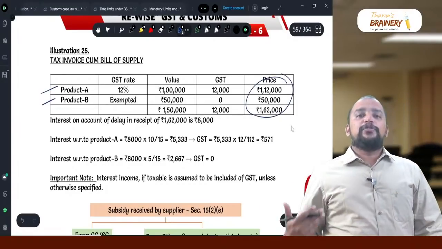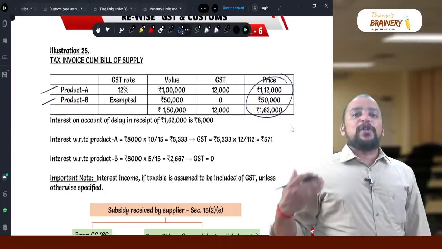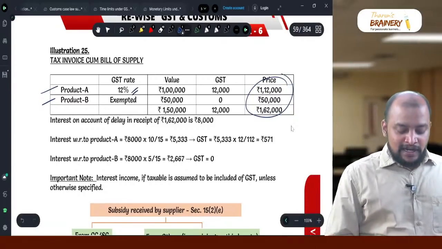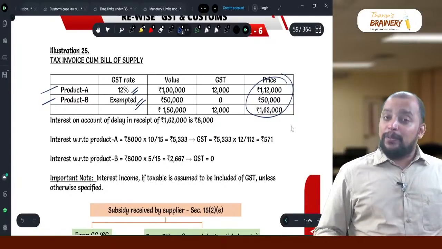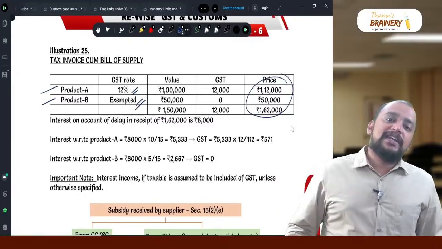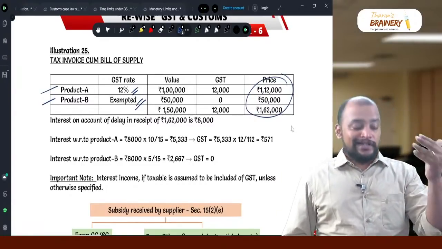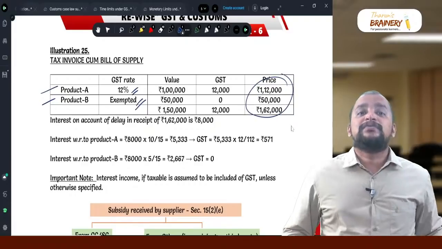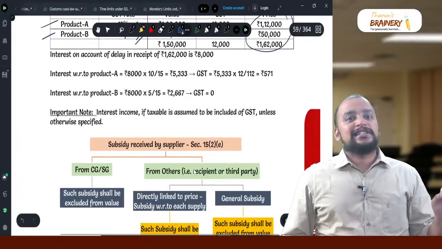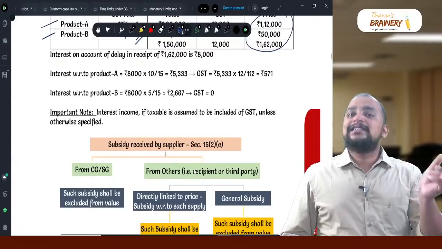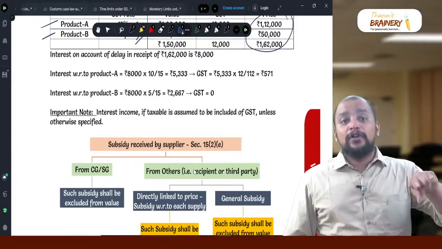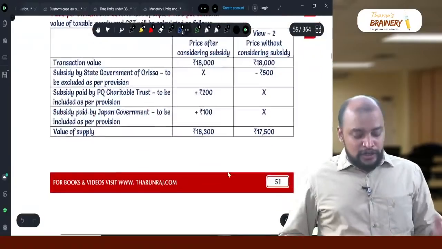Why do we need to apportion? Because interest pertaining to product A will be taxable at 12%, but interest pertaining to product B will be exempted. So when interest is being collected for a taxable product as well as an exempted product, don't forget to apportion that interest between the two products based on value ratio, and accordingly GST is payable on the interest, because interest is included in the value and chargeable to GST accordingly.